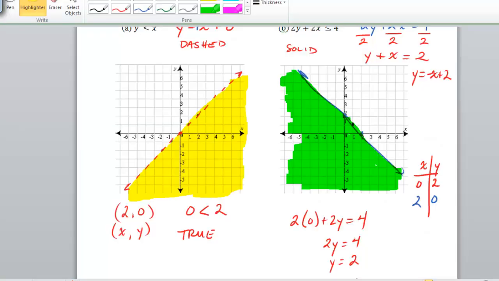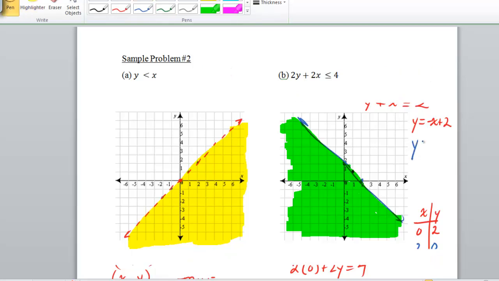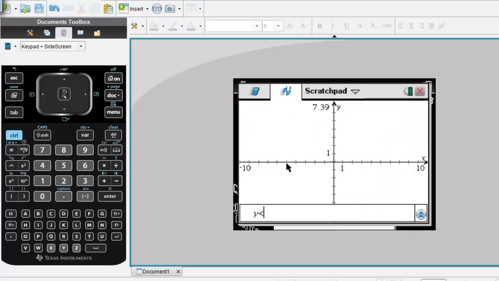Well, if you look at our original inequality, it's not in the form of y equals, and so this particular standard form inequality would need to be converted to slope-intercept form for you to be able to graph that.